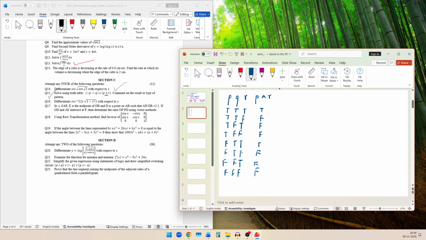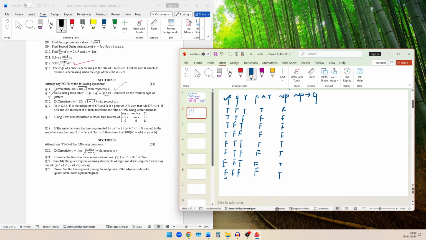Next is negation p. Let's first find out negation p. First four should be false. Next four should be true. It is the reverse of the first input. Okay, next step would be negation p conditional q.